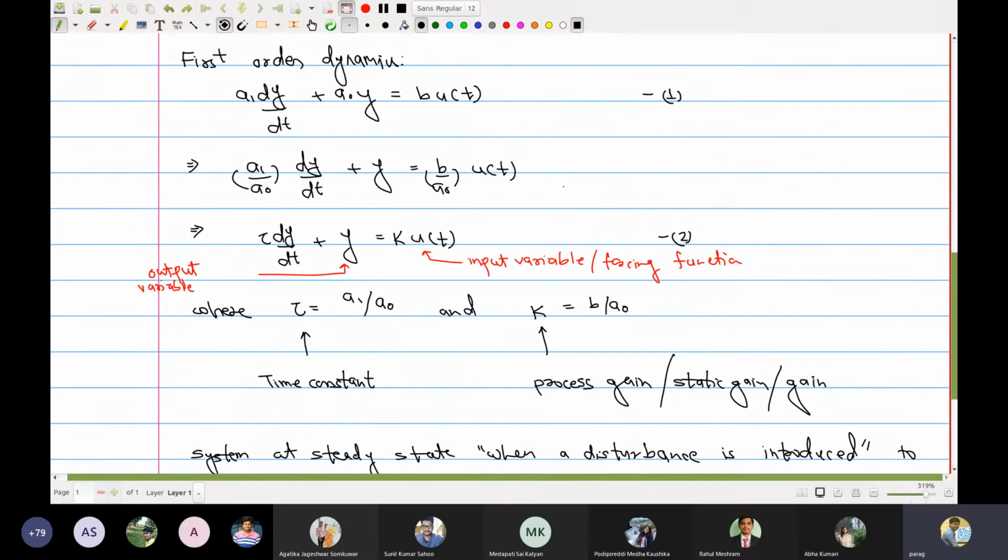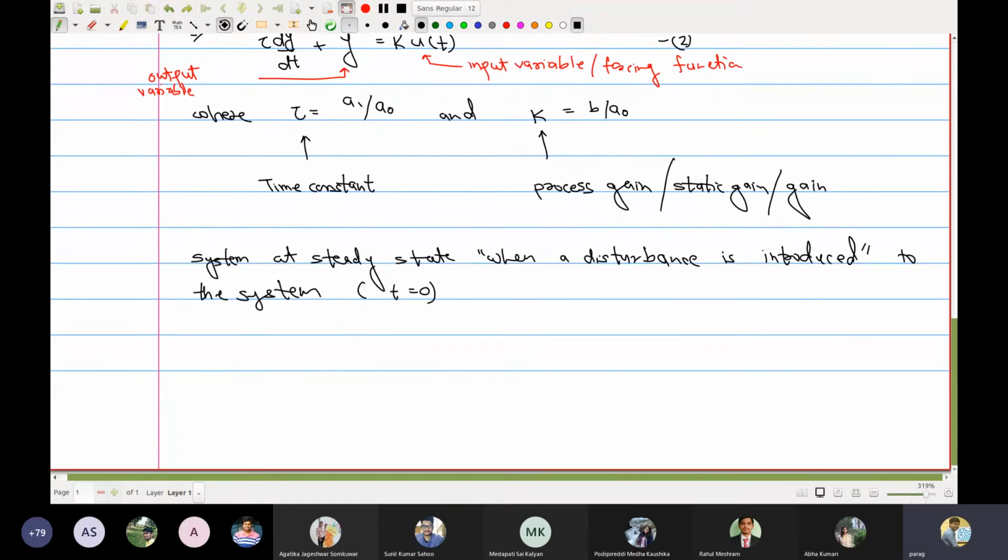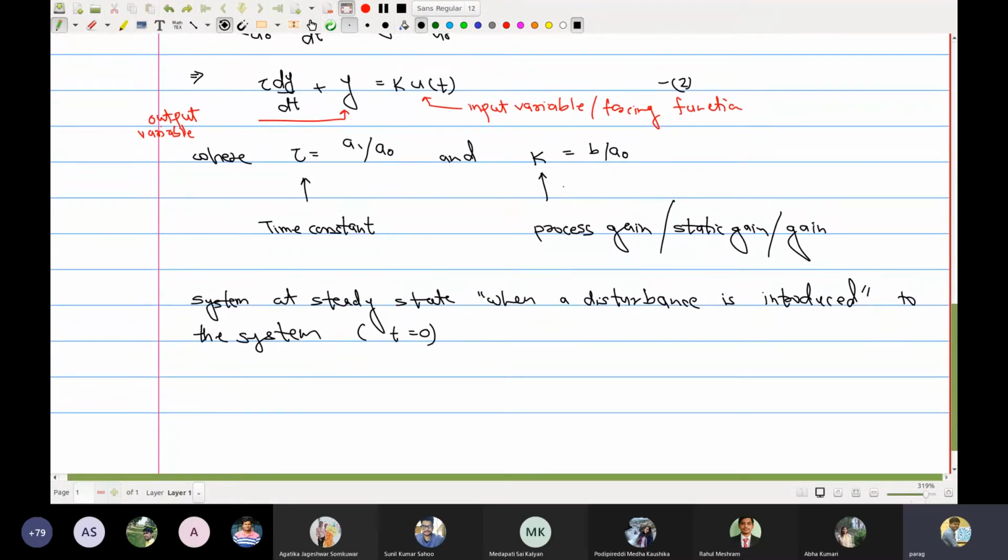Now, when this happens, we write equation number 2 as tau dy_s/dt plus y_s equals K u_s(t). Okay, and let me write this as equation 3.